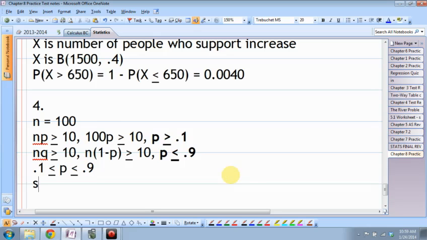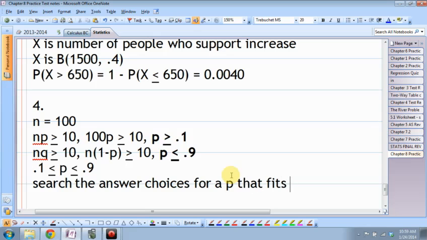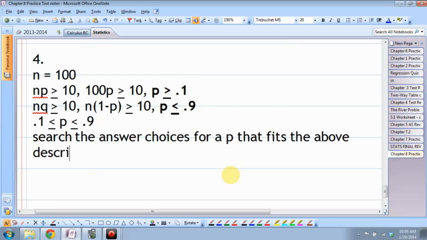So search the answer choices for a P that fits the above description. It just so happened that P equals 1/9 is the only one of those that fits between 0.1 and 0.9.